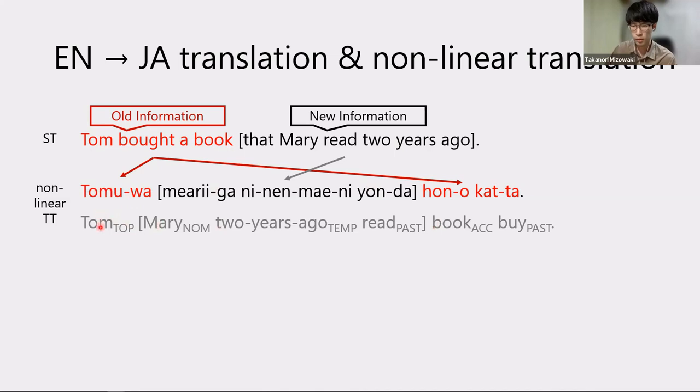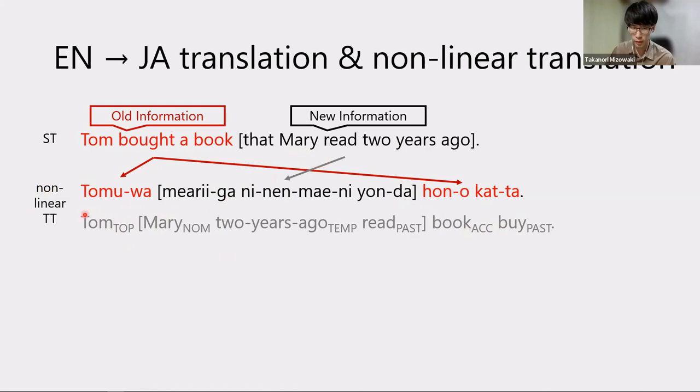The subject, Tom, is at the beginning of the sentence, followed by the relative clause, which is shown in black, and the object book, and predicate buy. We call this translation non-linear translation, or translation in non-linear way, because they are like crossing.